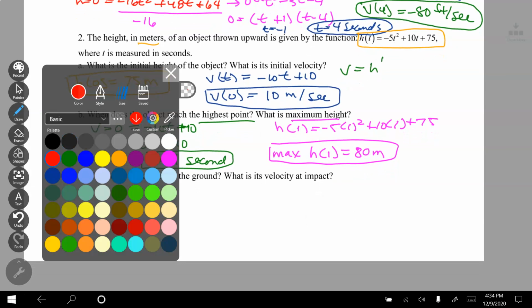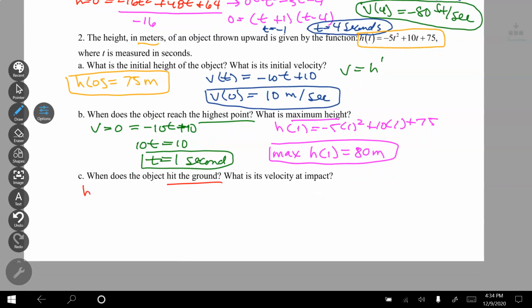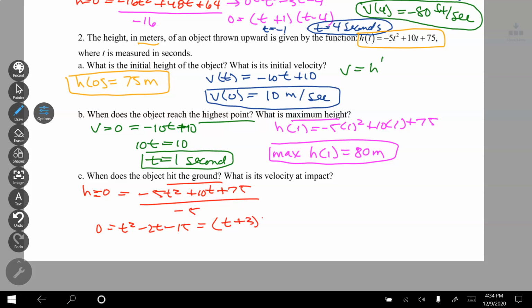When does it hit the ground? Well, it hits the ground when h is equal to 0, which is negative 5t squared plus 10t plus 75. I see I could divide out by negative 5. I get 0 equals t squared minus 2t minus 15. I could factor that as t plus 3, t minus 5.